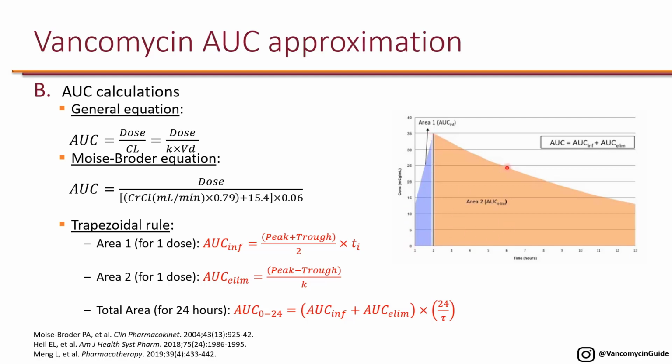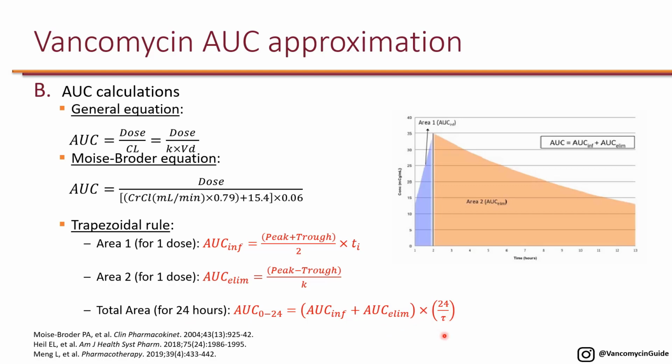And then you need to calculate the second area, which is during the elimination phase, which of course also includes the distribution phase. The AUC elimination phase is peak minus trough divided by K constant. And again, K is calculated from the two levels that we got from the patient. Then you add these two, and they give you the AUC for one dose. To get the AUC for a 24-hour period, because this is AUC 0 to 24, you multiply by 24 divided by tau.